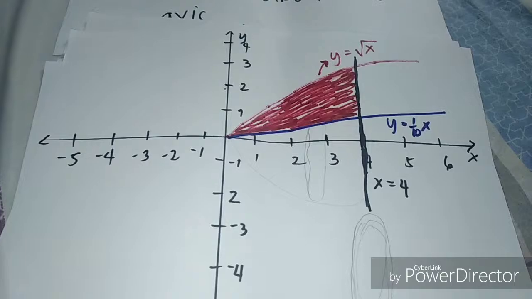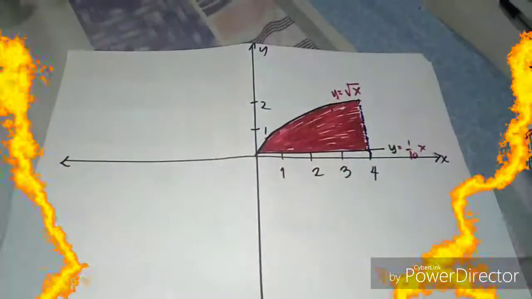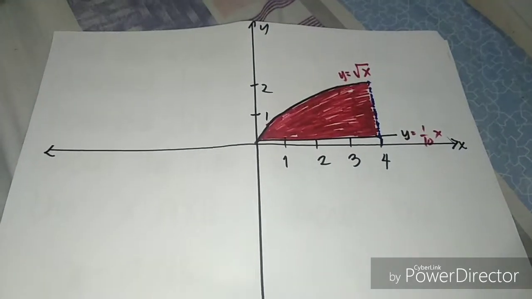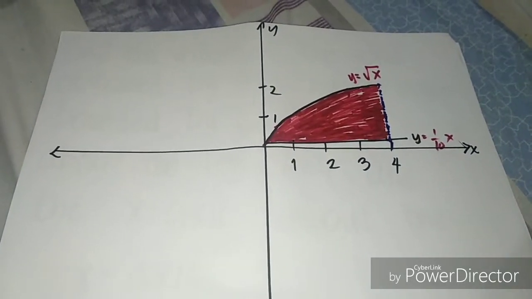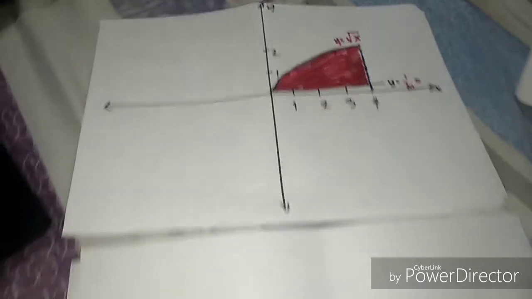Now we're going to find the volume of the solid. Here is the figure of the region we're rotating. So we're going to set up the integral according to the formula.